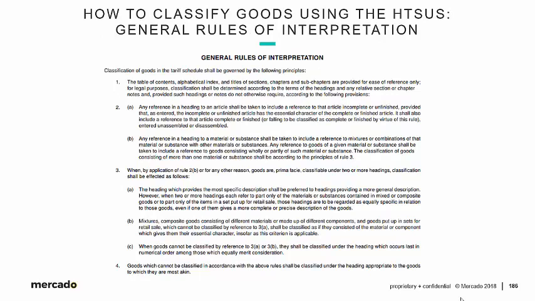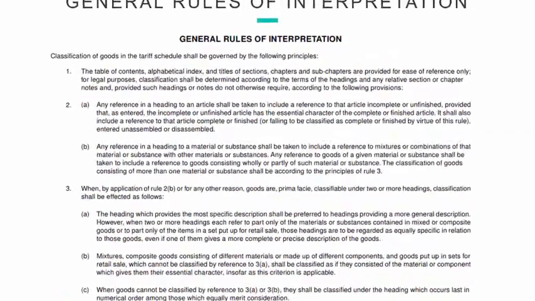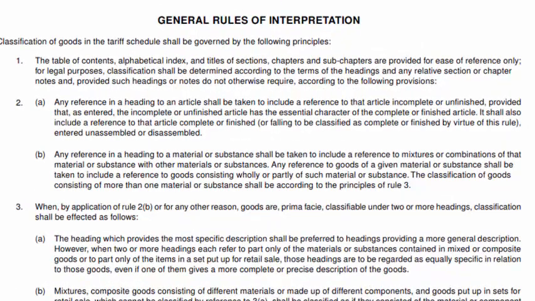Okay, how to classify goods using the HTSUS, starting with the General Rules of Interpretation. We saw these previously. We talked about them a bit. We actually went through the entirety of number 1. Now we're going to look at 2A and 2B and parts of 3. You'll recall from number 1, briefly, that the table of contents, index, titles, and sections are provided for ease of reference only.